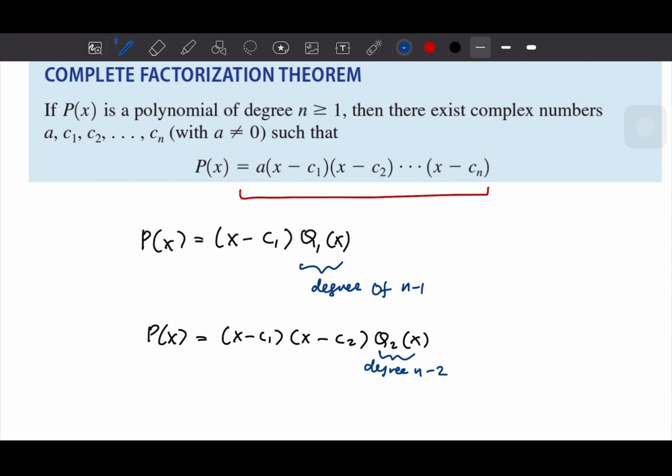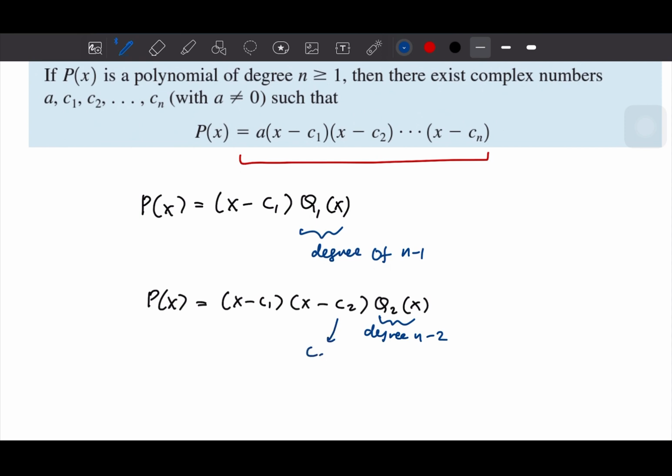Okay, and c2 is also a zero of q1 of x. From what we have before, we already did this, and this is how we usually write down the results of the polynomials after we did the synthetic divisions, right?